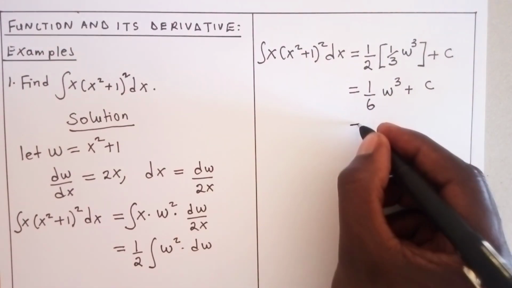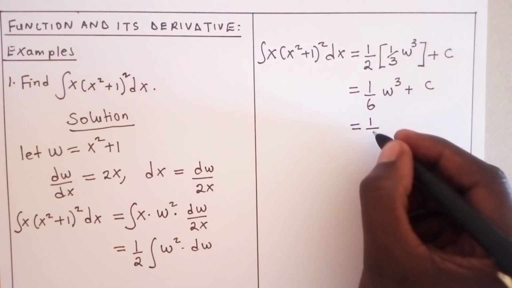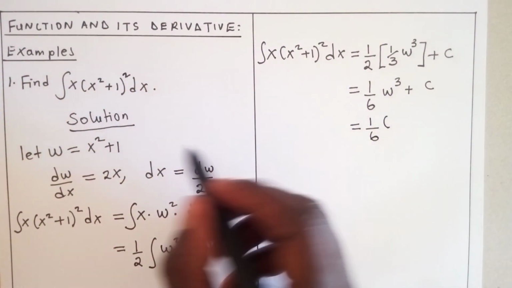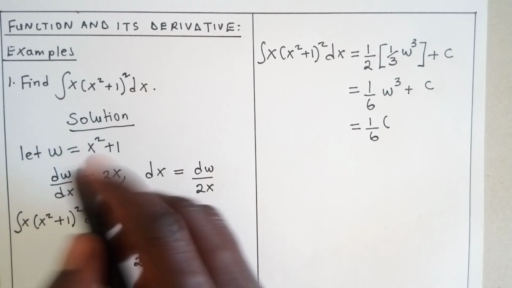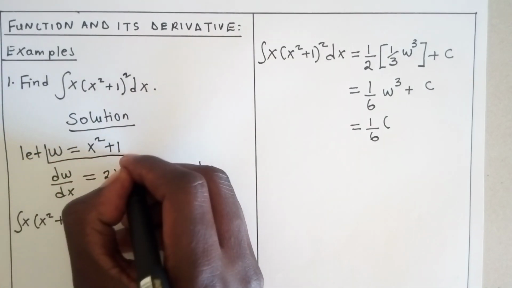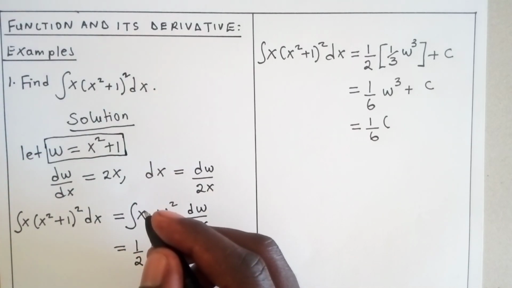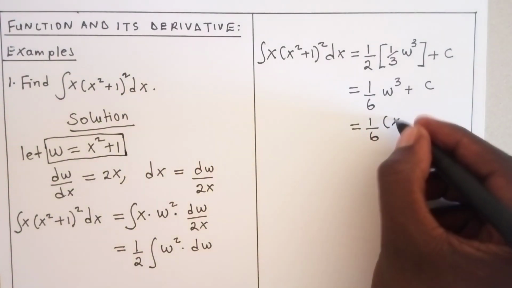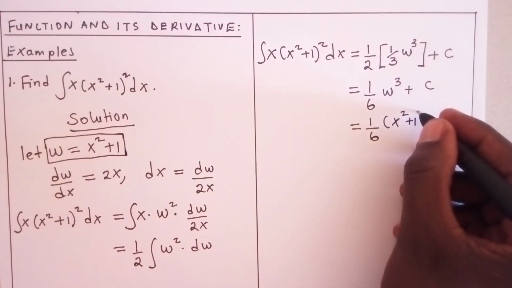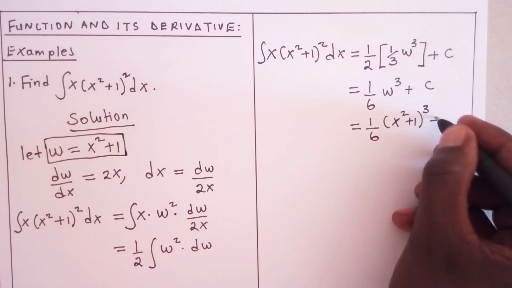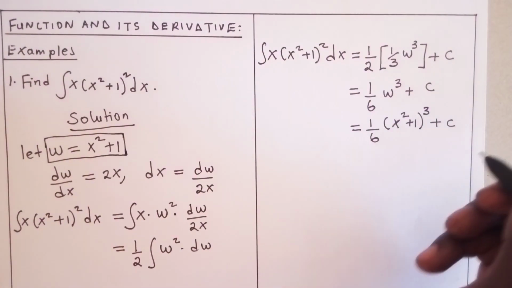We shall continue with 1 over 6. We know what w is. w is this function which we have here. That is w. So we shall have (x squared plus 1) cubed plus the constant of integration.